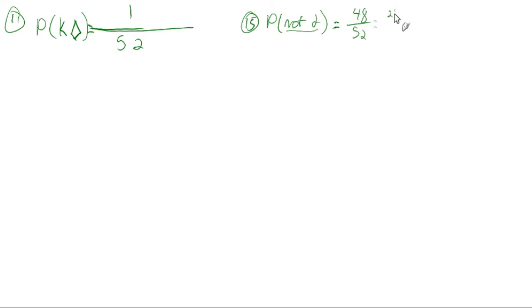So we got 24 out of 26, and then 12 out of 13. This 13 comes up a lot when we do probabilities with cards, because there's 13 cards in each suit. 12 cards in each suit are not 2s, so that definitely makes sense.